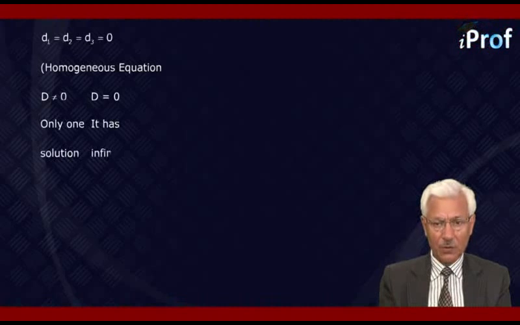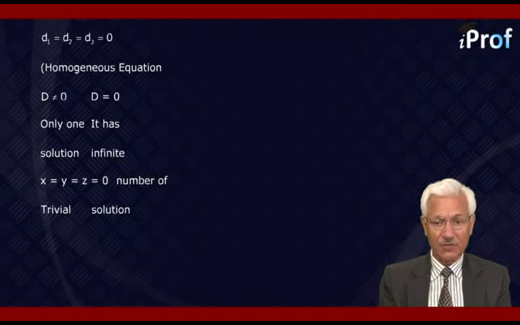When D is not 0, then we have only one solution, that is x equal to y equal to z equal to 0. We call it a zero solution or a trivial solution, and the equations are consistent. And the second case is when D is equal to 0. In this case, it has infinite number of solutions, and again the equations are consistent.